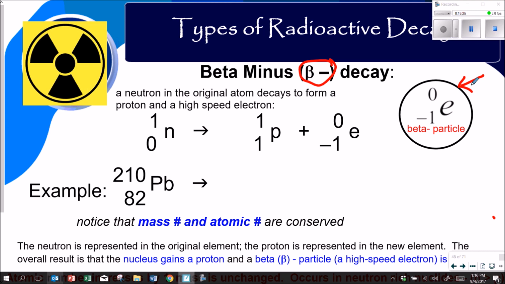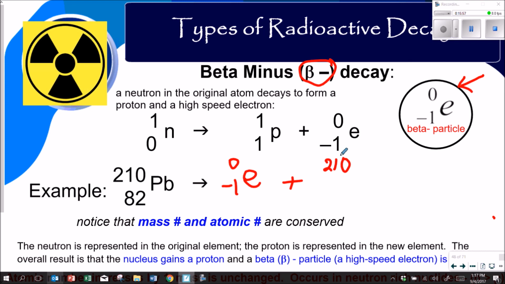If lead 210 decays by beta minus decay, we know that a high-speed electron or a beta minus particle is ejected. So here it is. Now again, we have to figure out which new element is formed in the process. So we do the same thing. We know that mass number and atomic number are conserved. So if I start with 210 on the left-hand side, I have to have 210 for my new element for the mass to be conserved.